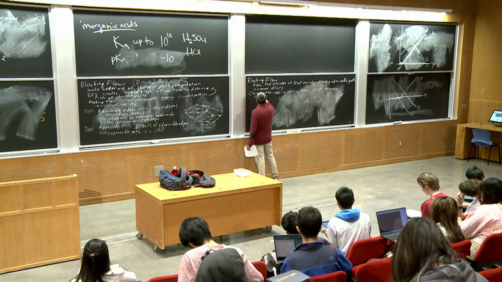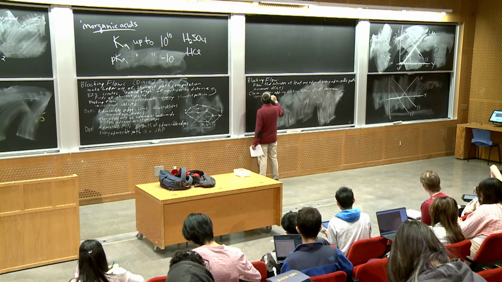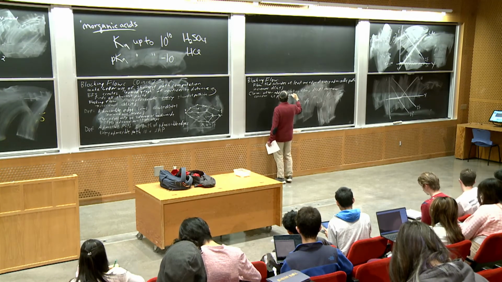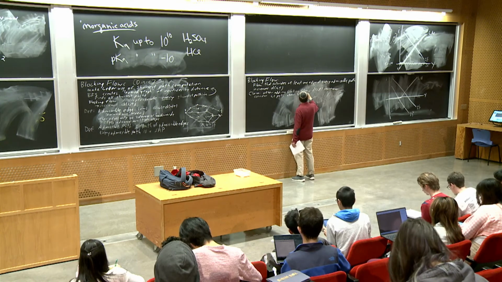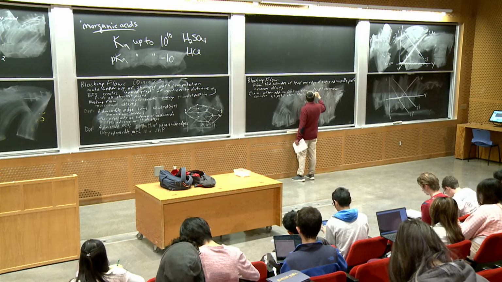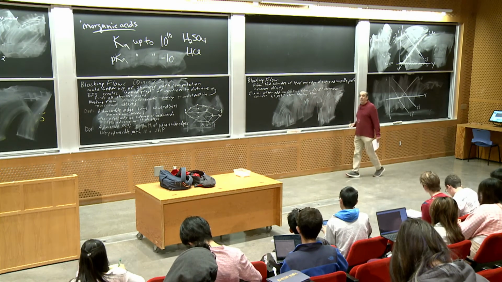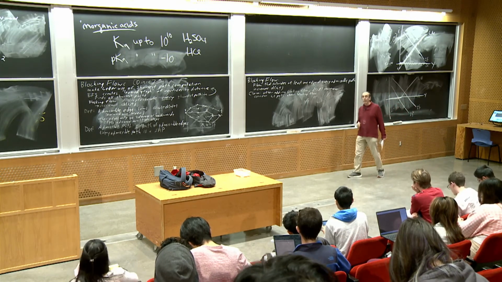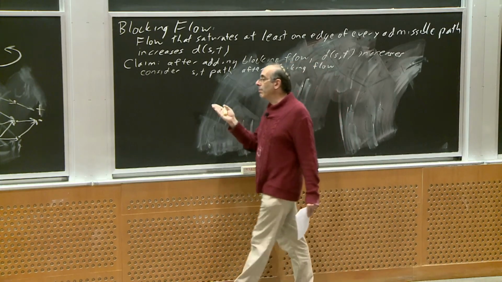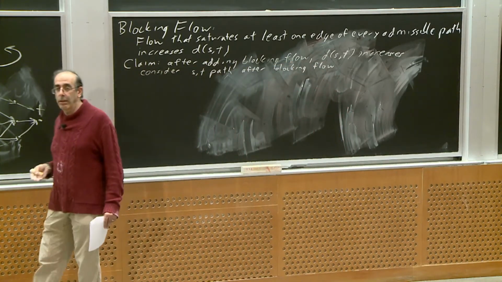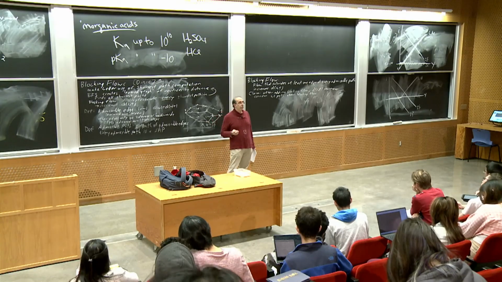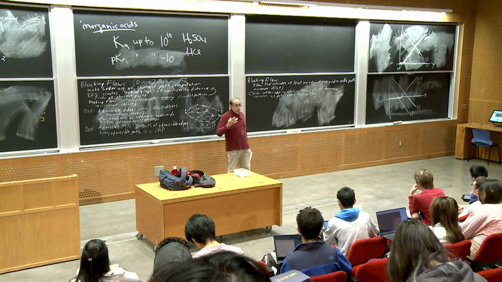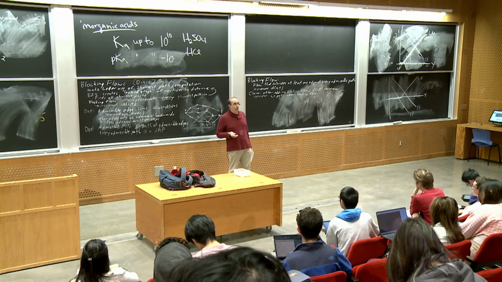Let's consider an ST path after we use the blocking flow. What edges can be on that path? Well, there might still be some admissible arcs remaining that the path can use. But can the path be using only admissible arcs?